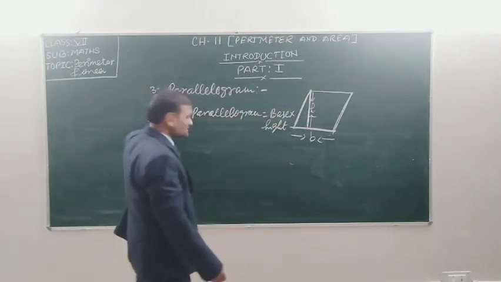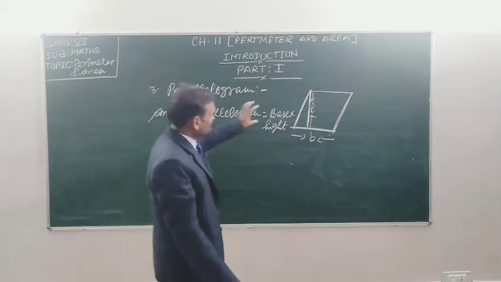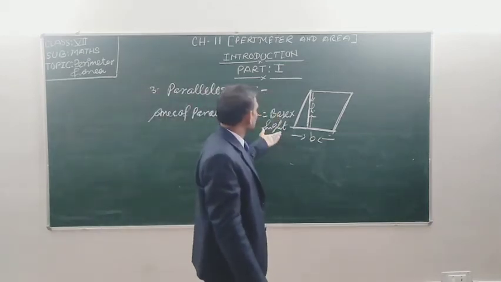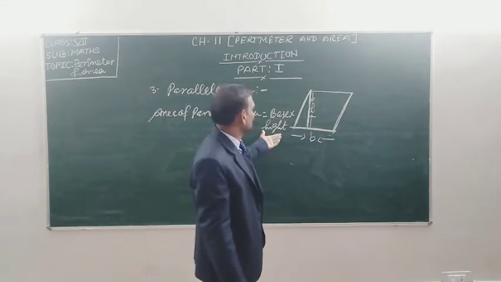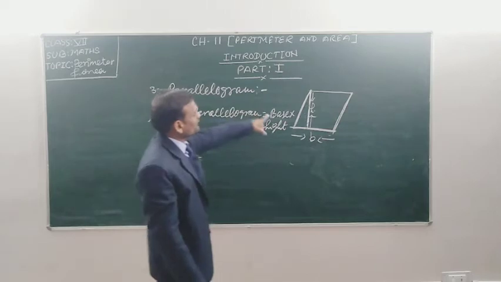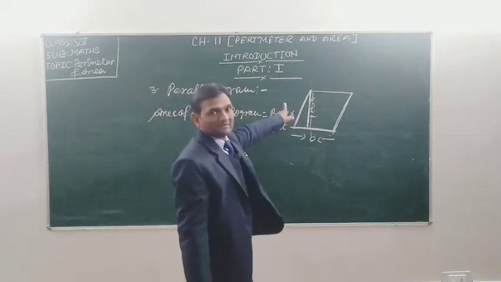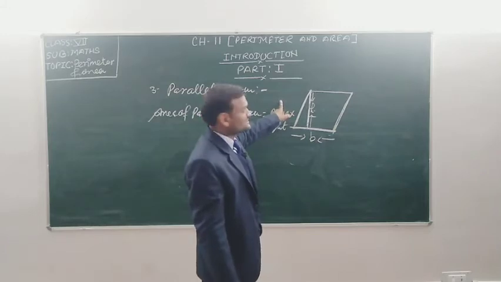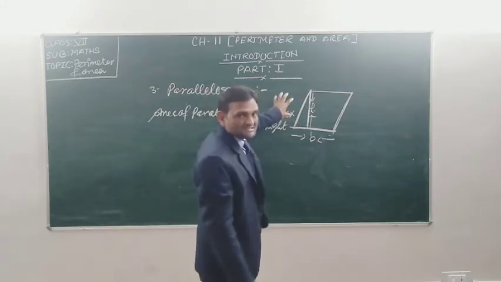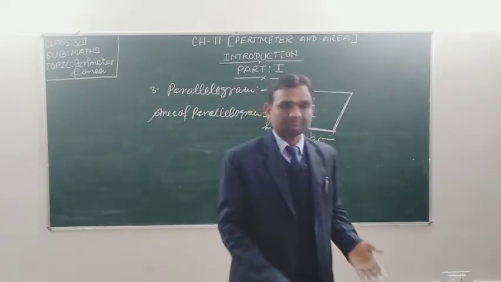Otherwise, area will be given in the question, and base is given, and you need to find out the height. Or height is given, area is given, you need to find out the base. So in all these three terms, if any two terms are given, you can easily find out the third term.